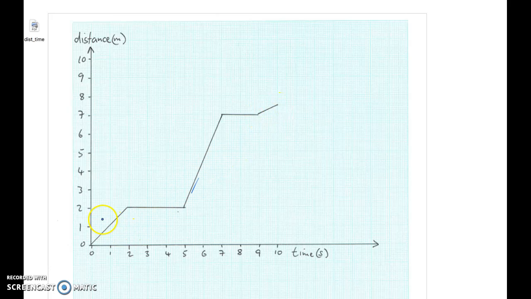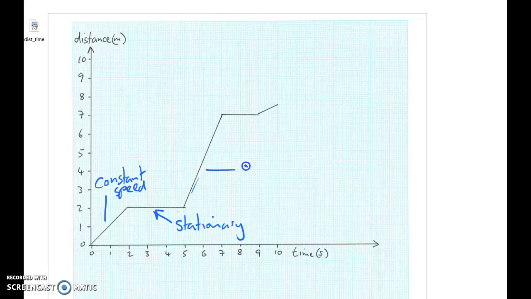We can tell that we have a constant speed. Here we have stationary. Again, here we have another constant speed.